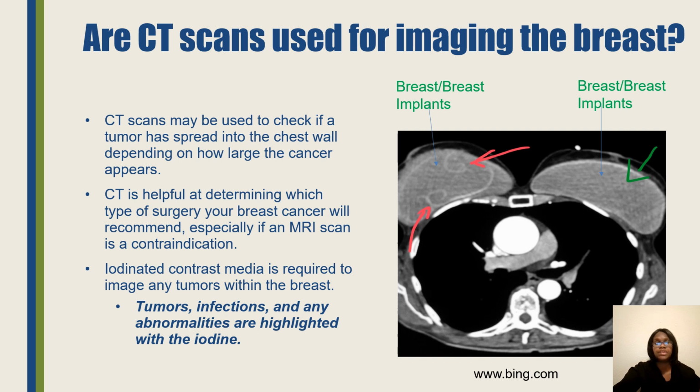Of course, whenever the patient have to come in to detect breast cancer, it's going to be with the mammography machine. But if a patient comes in and they have a chest pain or a cough and they need a CT scan, then their breast will be in the images, and the radiologist can notate any tumors, any infections, any problems that appears with the breast or the breast implants.